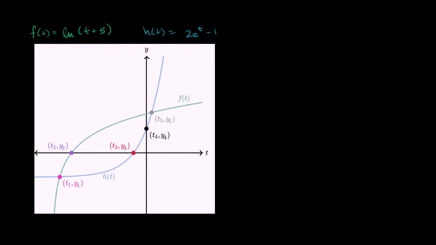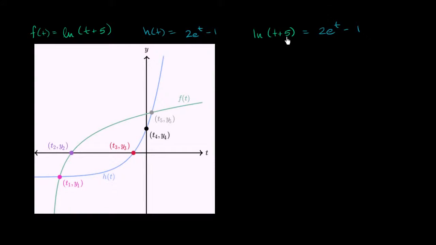So the first case that they had was setting these two things equal to each other. So for what t's, or what can we substitute in for t, so that the natural log of t plus 5 is equal to 2e to the t minus 1?